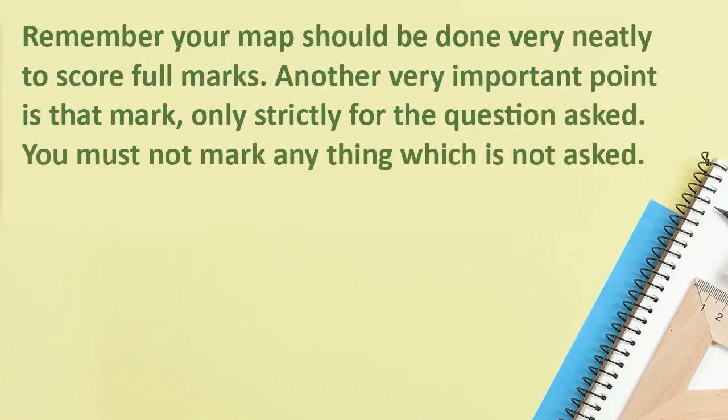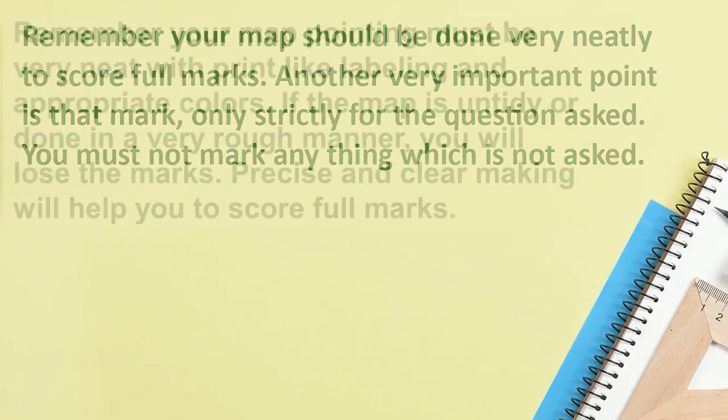Remember, your map should be done very neatly to score full marks. Another very important point is that mark only strictly as per the question asked. You must not mark anything which is not asked.